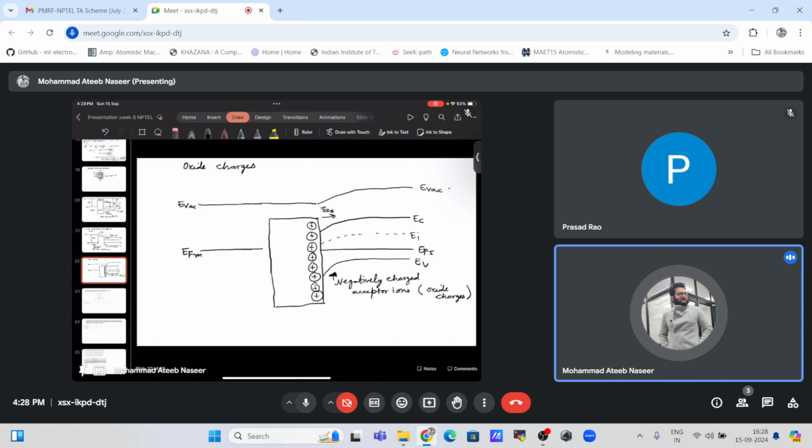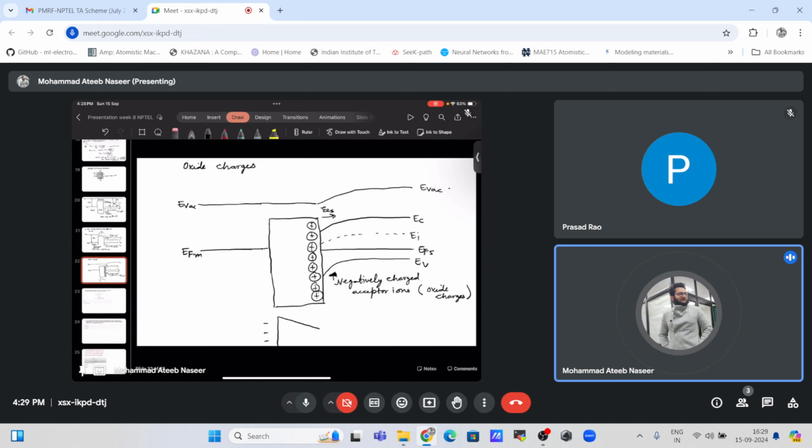Now, in order to remove this band bending, we need to apply some negative bias at the metal side. If we apply the negative bias on the metal side, we will have some voltage built on the metal side, and the band structure will look like this.